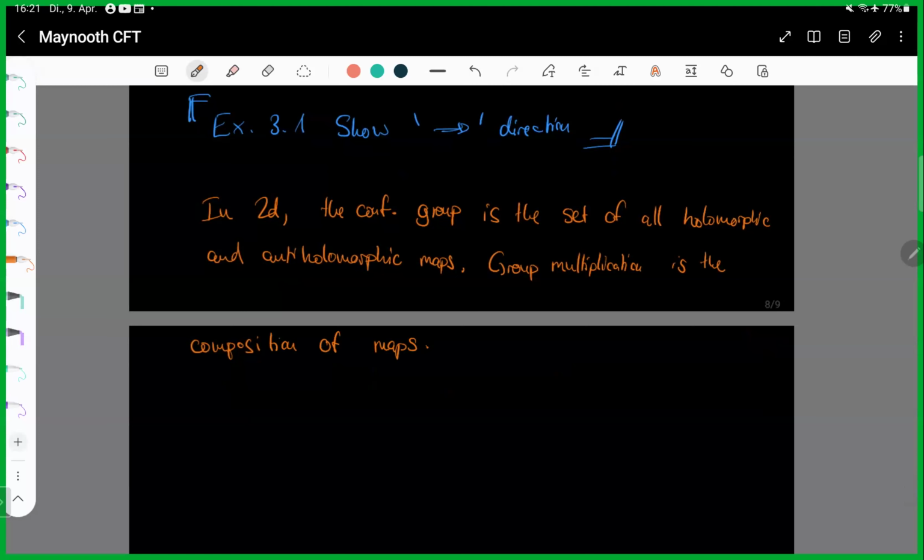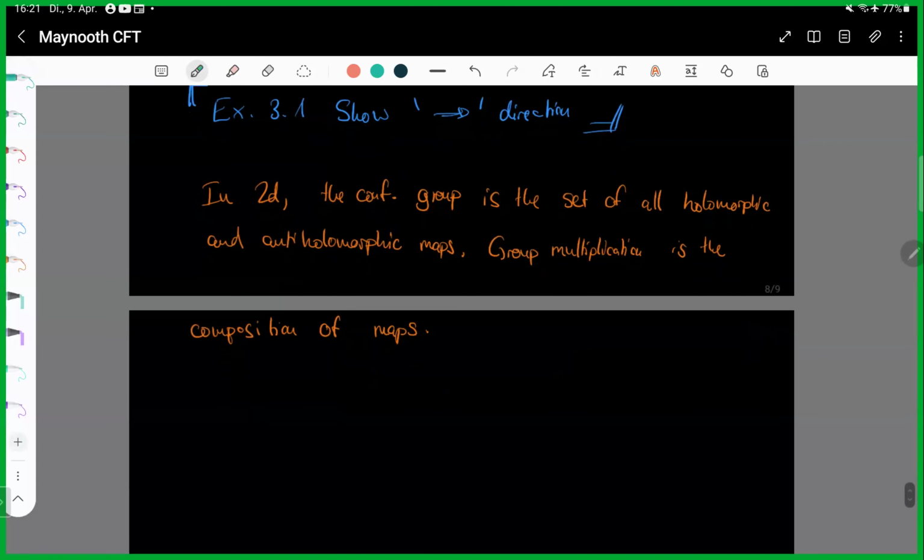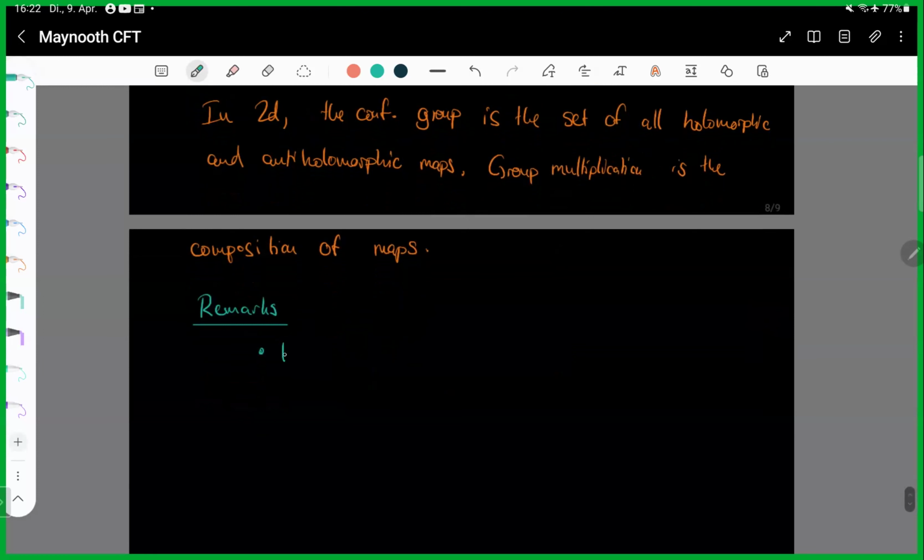So in particular, let's see, how much time do we have left? Let's make a few remarks. So the Möbius transformations that we discussed before are a subgroup.